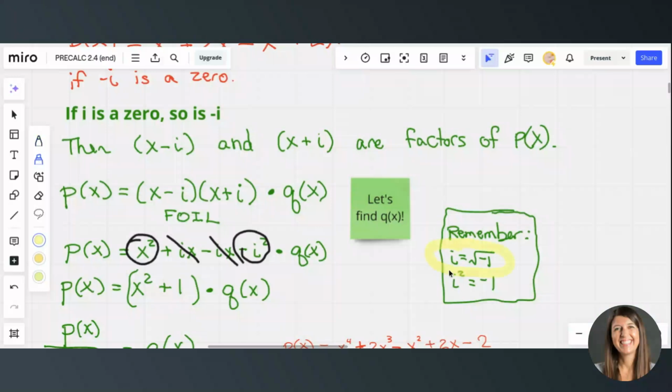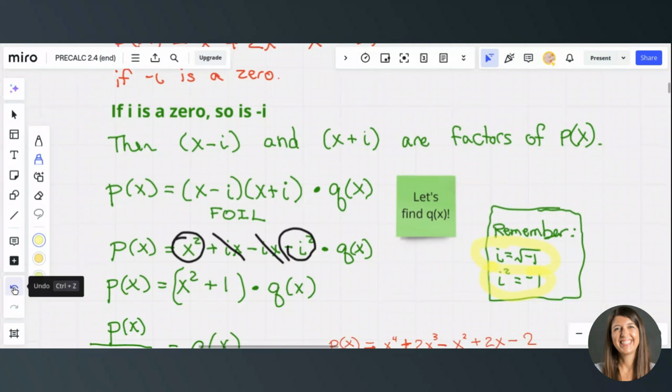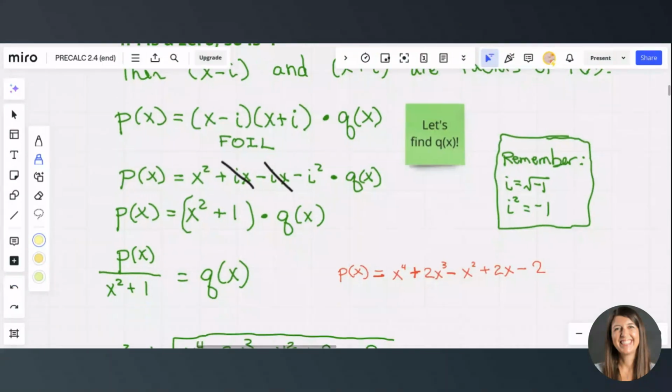So I squared is the square root of -1 squared, which is going to be -1. So we're going to write this x squared plus 1, because it's minus I squared, a minus a -1, so it becomes plus 1. All right? Okay, so hopefully you remember imaginary numbers from Algebra 2, because we are using them already.